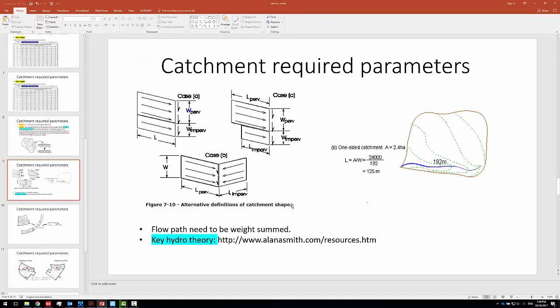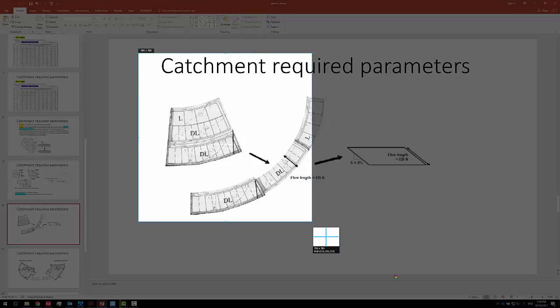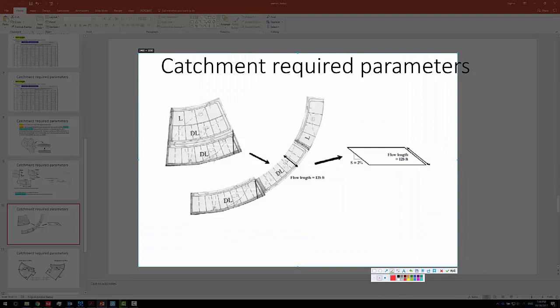Okay, that's good. But when we look at the development in here, you will find out this is all by lot. So each lot actually has a single drainage line.